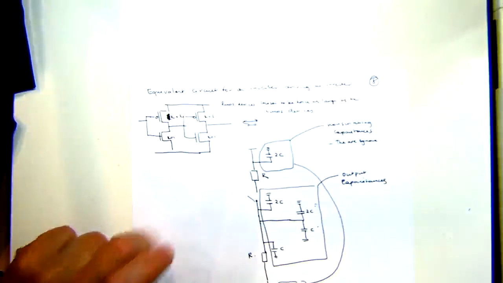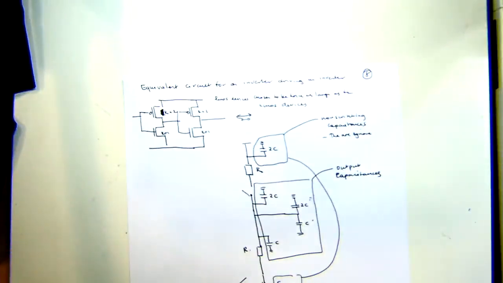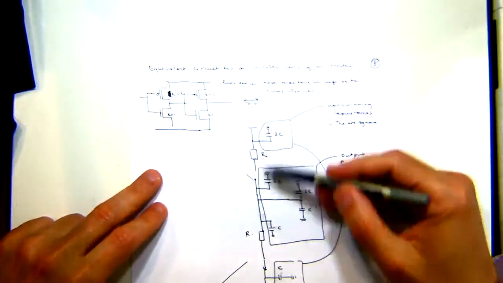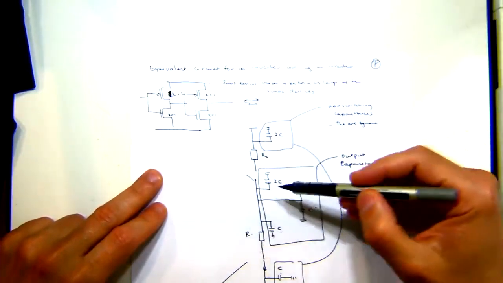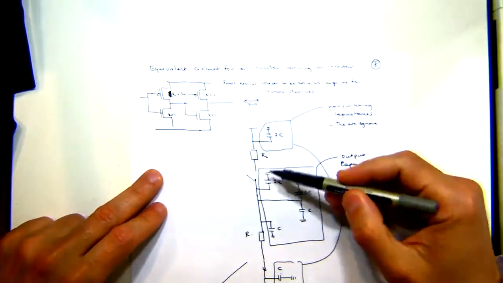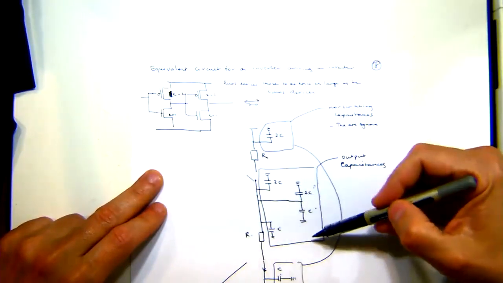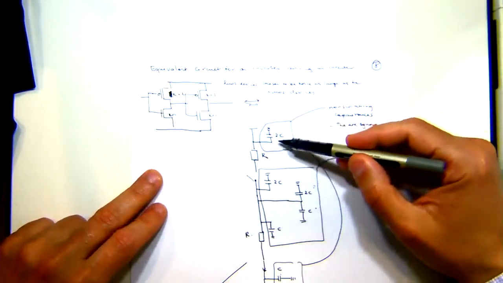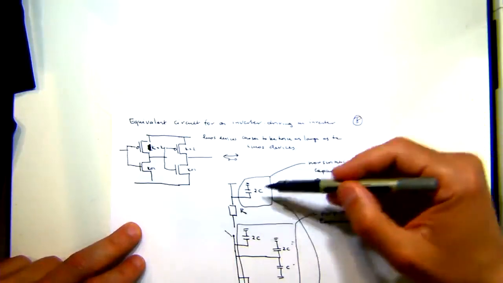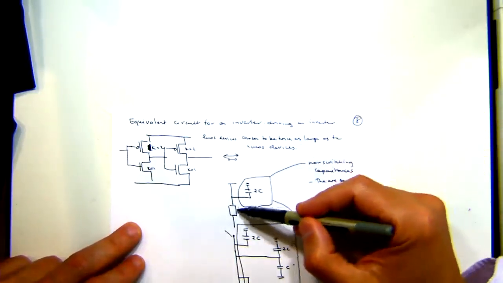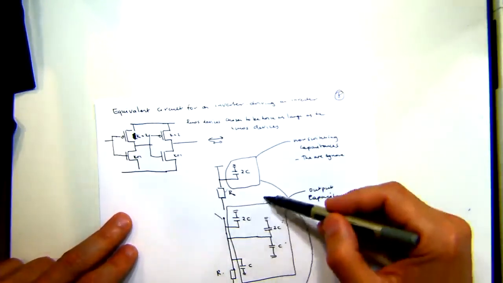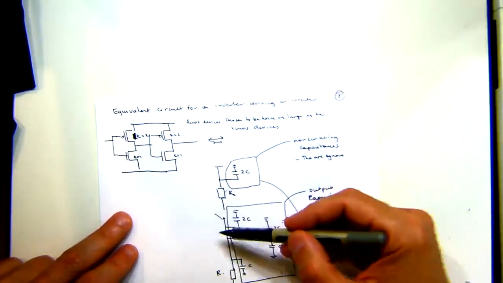Okay, so now let's draw the equivalent circuit here, with these capacitances, all the capacitance that we need to include. Like we talked about previously, these two are non-switching capacitors, so we can ignore them. So this is the equivalent circuit we need to deal with.